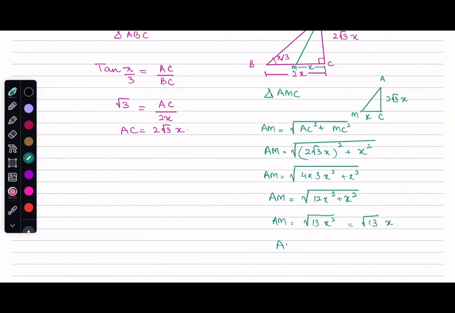So AM will be equal to square root of 13 x. This is then going to be my answer in terms of x here.